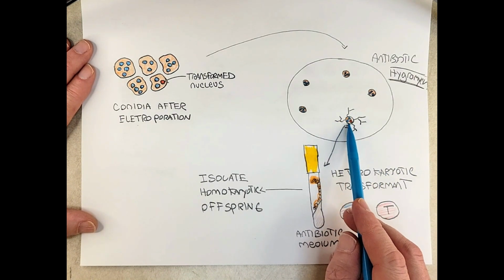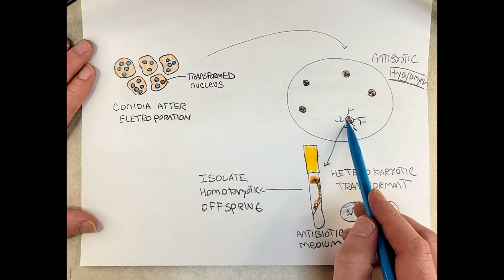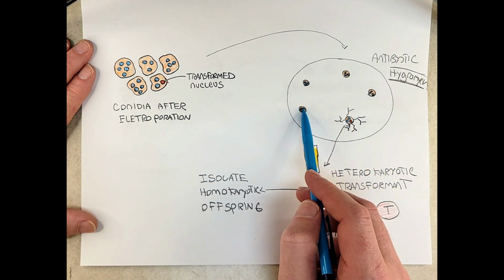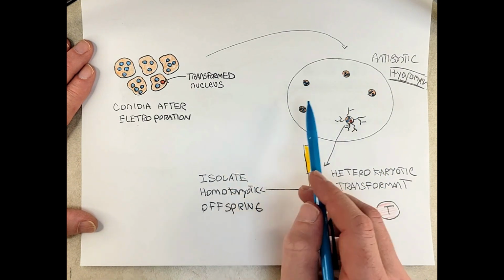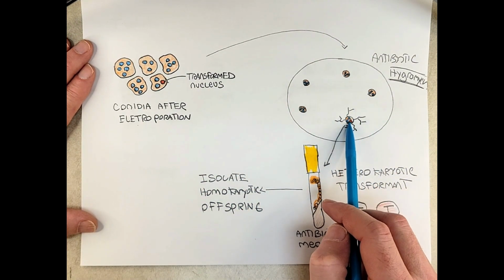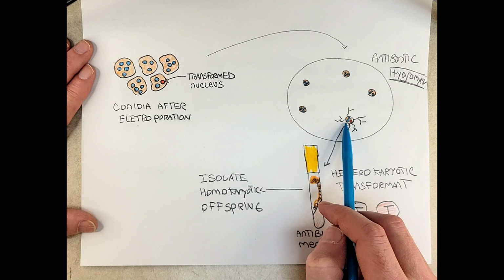After a few days, we'll notice, hey, we've got some growth here. I should probably say that this is not to scale either. These conidia are so small you wouldn't be able to see them with the naked eye. But once the conidium starts growing and forming a little colony, we'll see that.